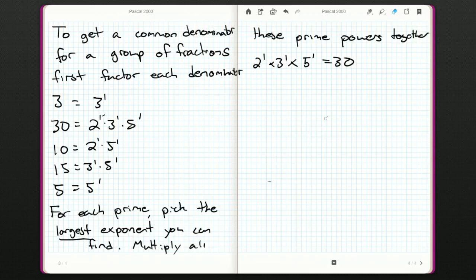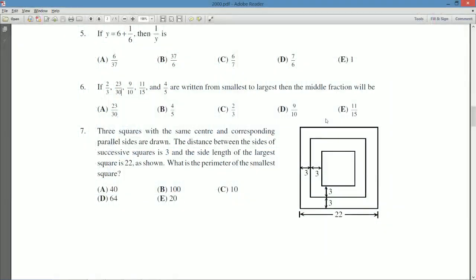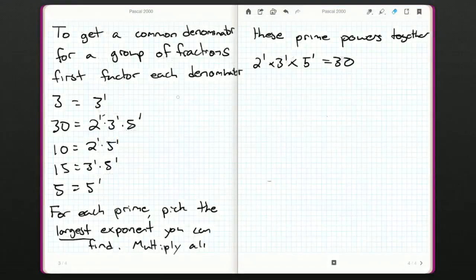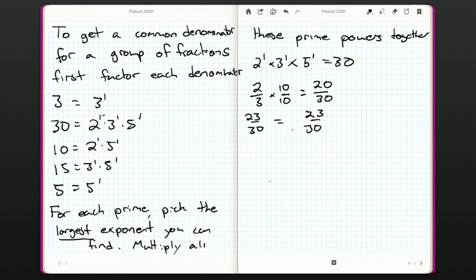So, common denominator of 30. Now let's take each of our fractions in turn and give them a common denominator of 30. So 2 over 3. How can I make that 3 a 30? I multiply by 10. So I get 20 over 30. 23 over 30 is just 23 over 30.